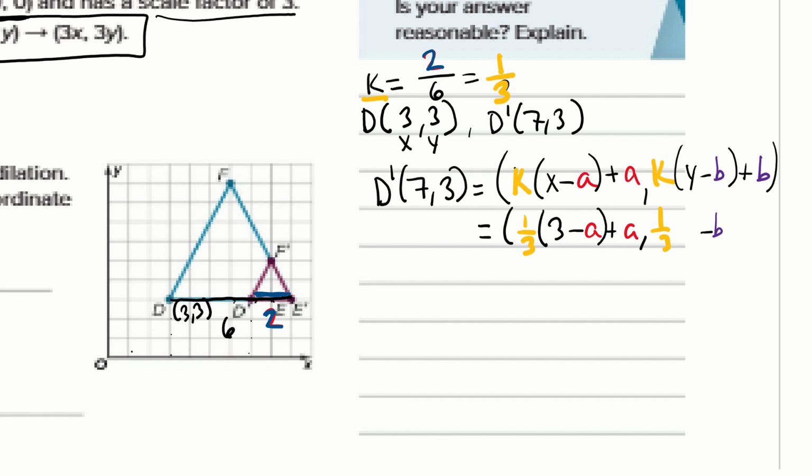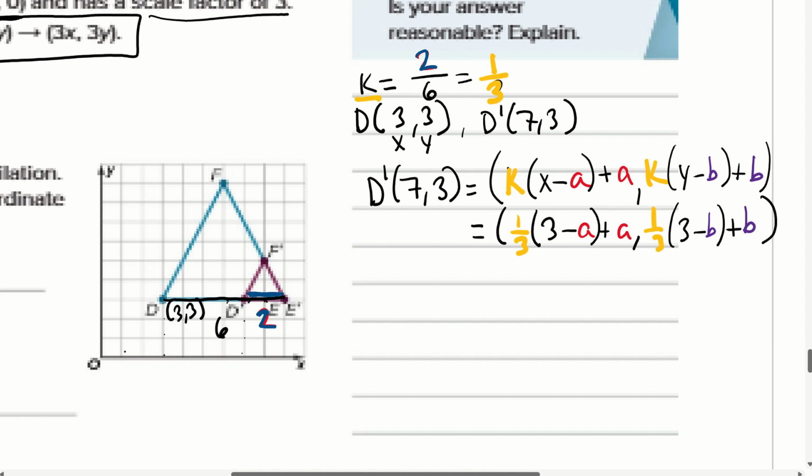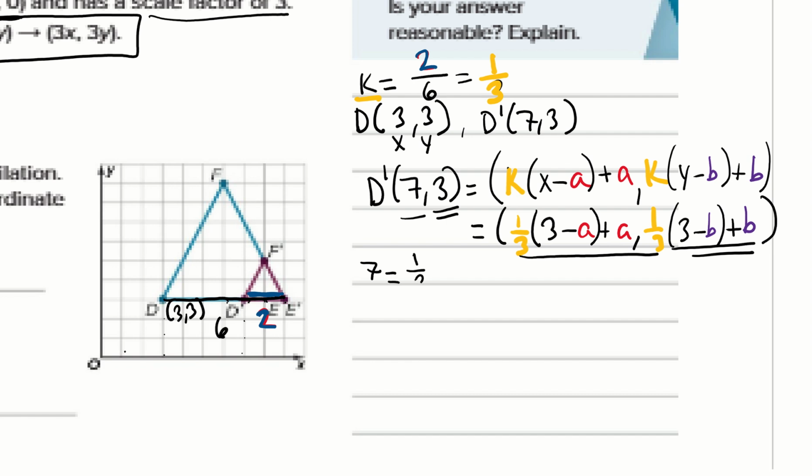Oh, I forgot to plug in for Y, so let me do that here real quick. Y is 3. Okay, so there's our formula, and now the 7 is going to be equal to this, and the 3 is going to be equal to this. So we got two different equations. Let me set the 7 first. I'm not going to color code it anymore when I do this.